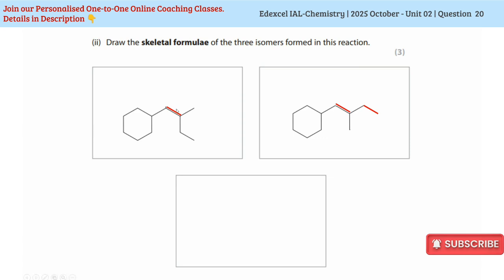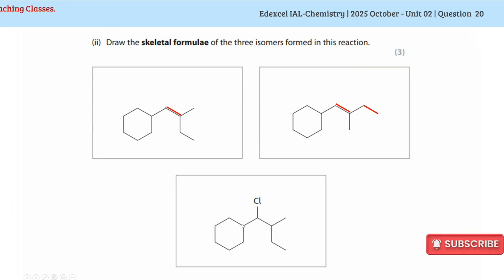And then another elimination can happen. This is not benzene, this is cyclohexane, so there is another hydrogen here. So this hydrogen with this chlorine can participate in elimination reaction to give rise to formation of this structure.